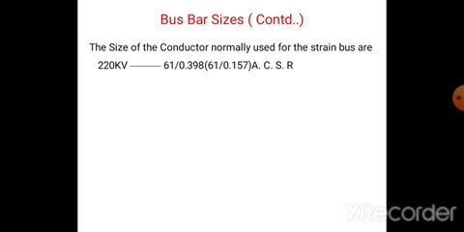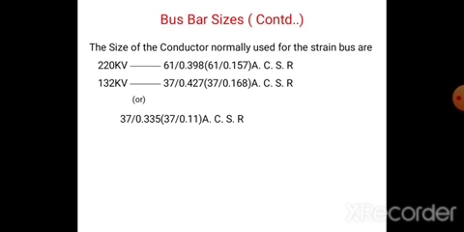The conductor sizes normally used for strain bus bars: for 220 kV, 61 strand ACSR conductor; for 132 kV, 37 strand ACSR conductor of 0.335; for 66 kV, 37 by 0.27.